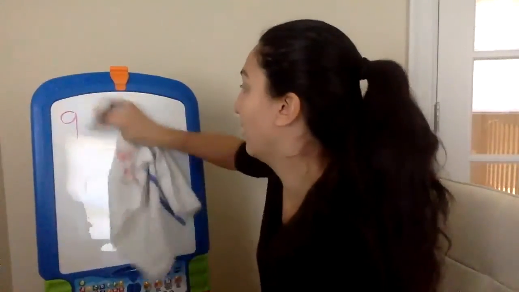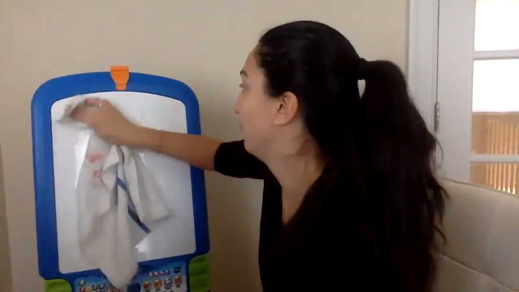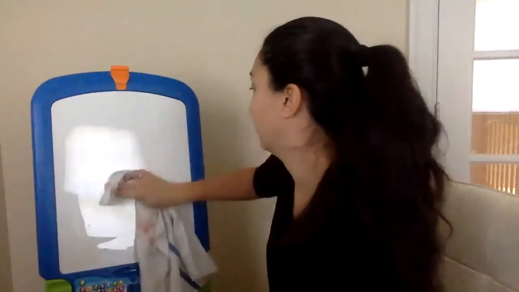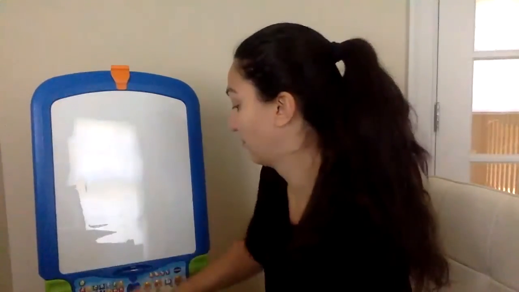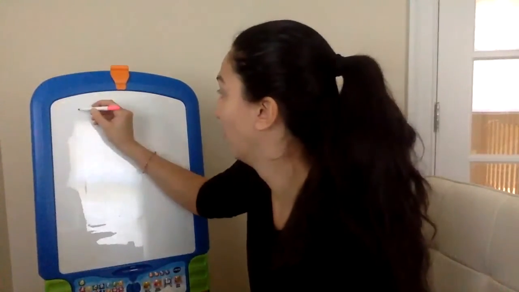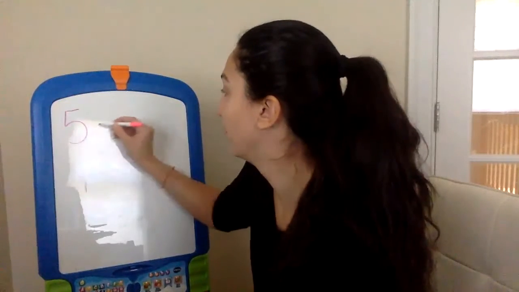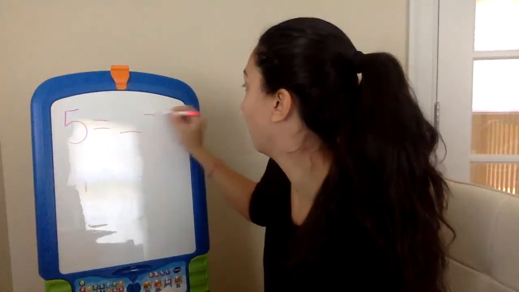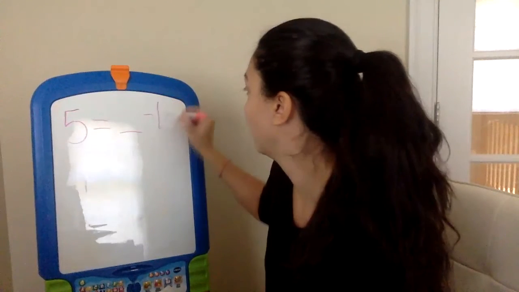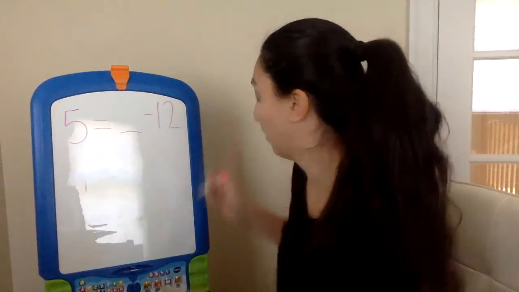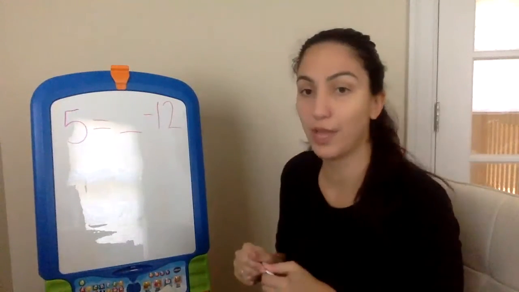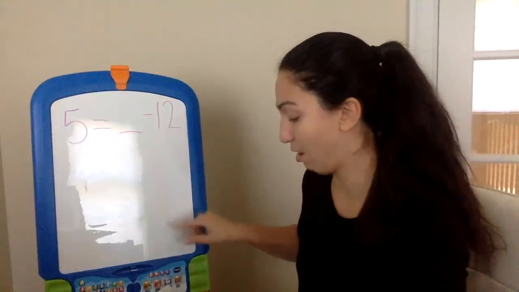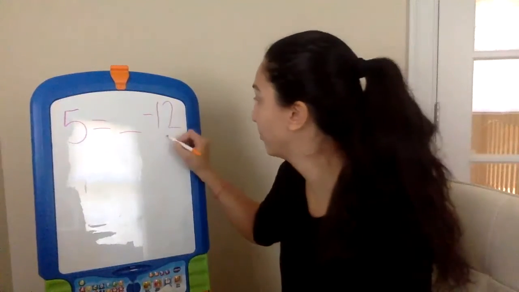Let's do a subtraction one. So 5 equals what number minus 12? The way I'm going to do this is I'm going to draw my 12 circles.